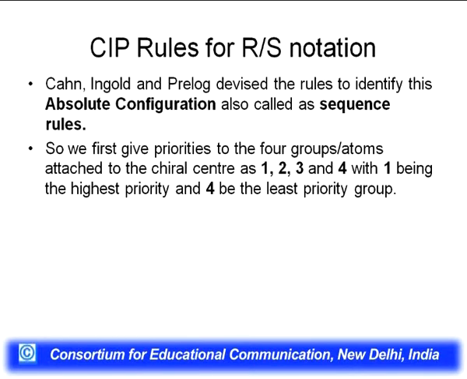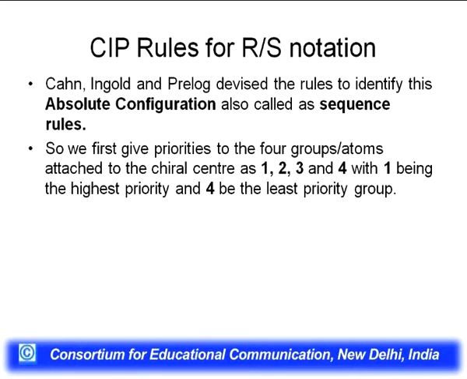What do we do? With CIP rules, we get the priorities of the 4 groups or atoms attached to the chiral center. This is very important, I would be stressing on this again and again. There are 4 groups attached to the chiral center. We give priorities by virtue of these CIP rules to get 1, 2, 3, 4 priorities to the 4 groups or atoms on a chiral center.